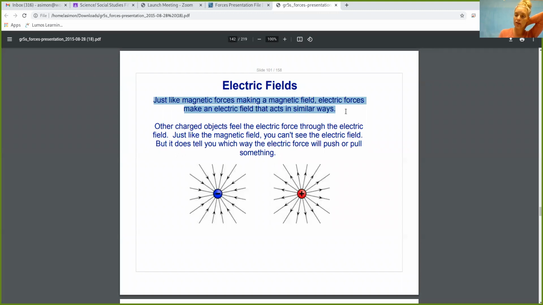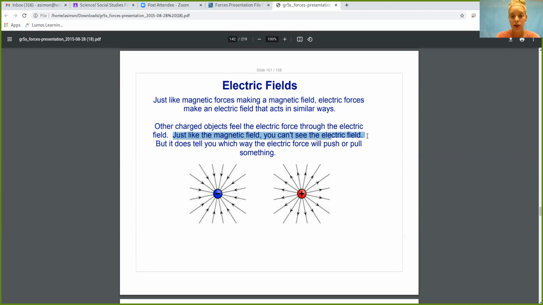So an electric field is very similar to a magnetic field. Just like a magnetic field, you can't see an electric field. Remember, with the magnetic field, you don't see the lines that are around a magnet. Well, the same is true for an electric field. You don't see all of the lines around the electric charges.